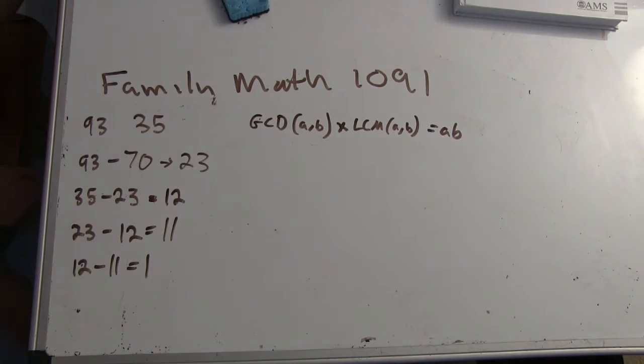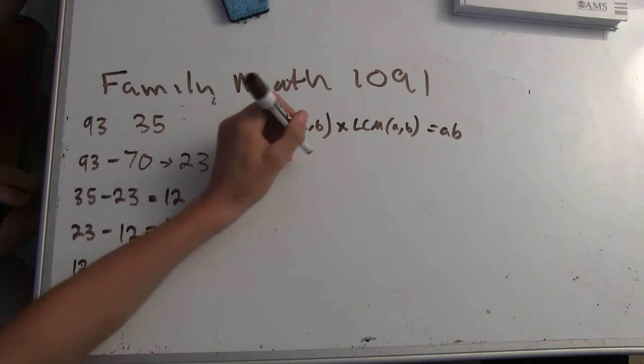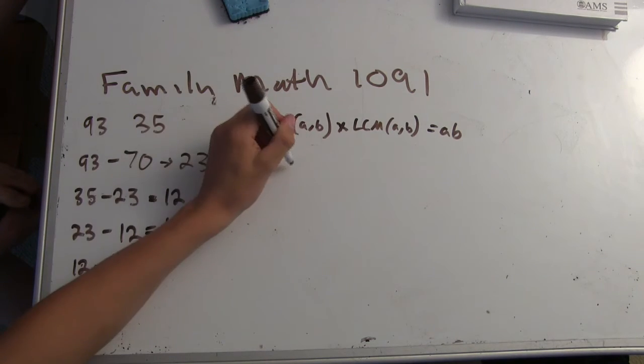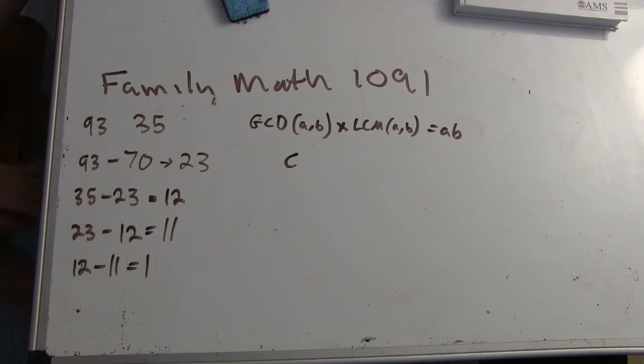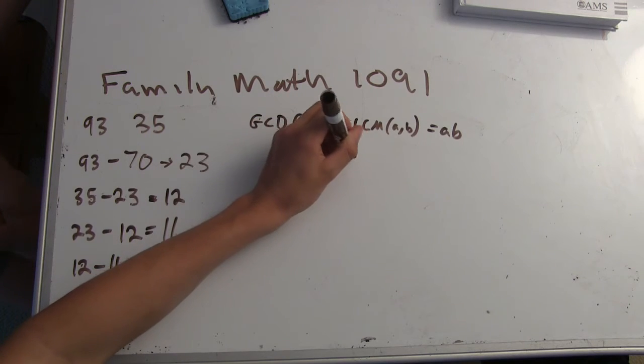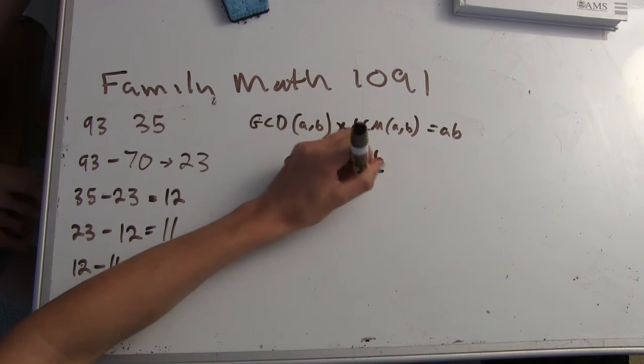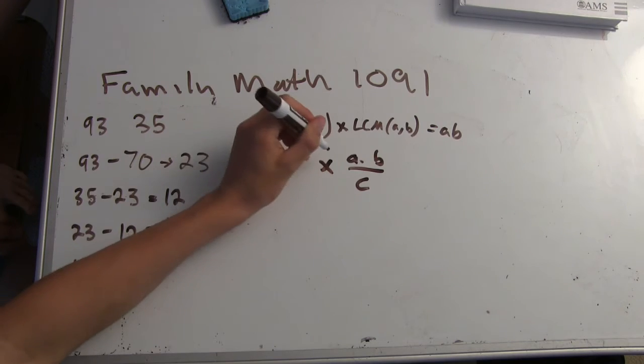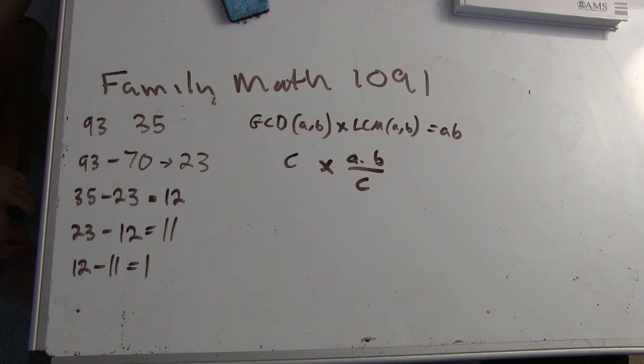Well, let's see. If the greatest common divisor is a number, here's an X, so let's use C, that means that the least common multiple has to be A times B divided by C. Why is this?